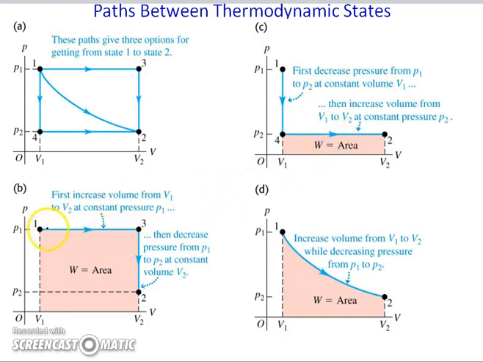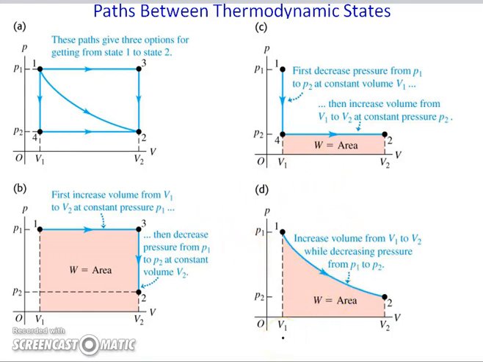Now I take another path, from state 1 to state 3 and then state 2. Now work done is again the area under the curve, and this area is much bigger than the area here. Or the third path we can take from here to here, and this area is in between these two.